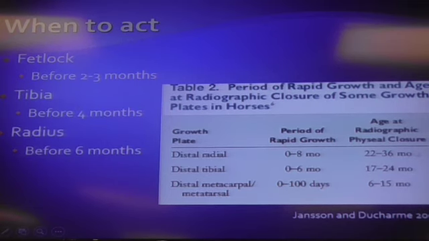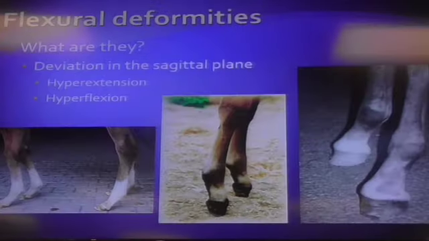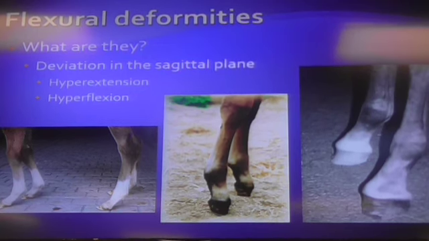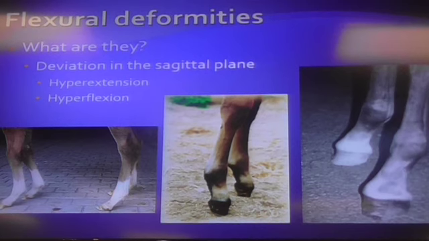You can see the distance between the periods of rapid growth: distal radius, which is those carpal valgus cases, is about 8 months, versus about 3 months for fetlock. So you have more time for the radius and tibia. Don't mess with the fetlock. Any questions on angular limb?